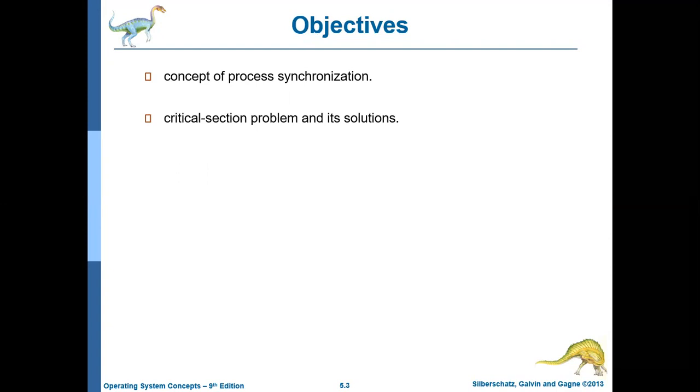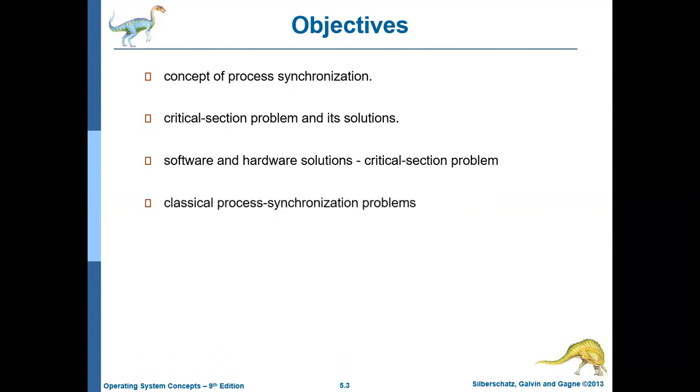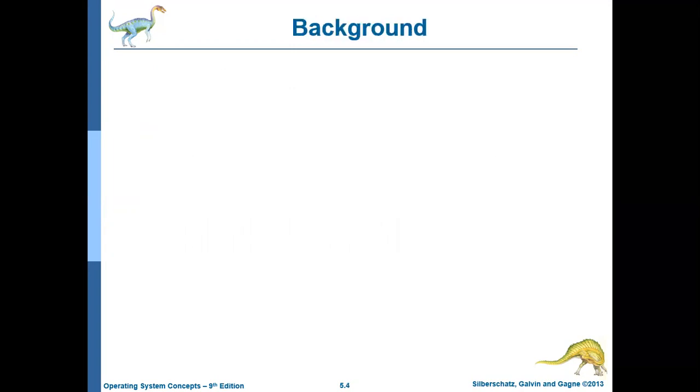That is, if processes were not synchronized, it will lead to a problem called the critical section problem, and how this problem can be solved. We'll be discussing a generic solution to the critical section problem, and then we'll be discussing several hardware and software based solutions for the critical section problem. And finally, we'll be discussing some classical synchronization problems. Okay, so let us move to the topic.